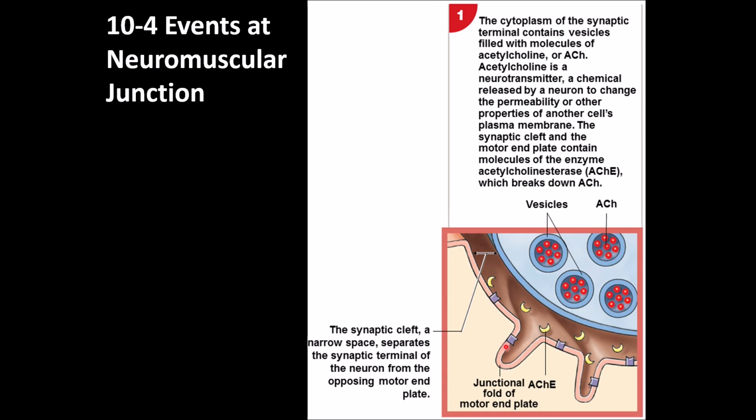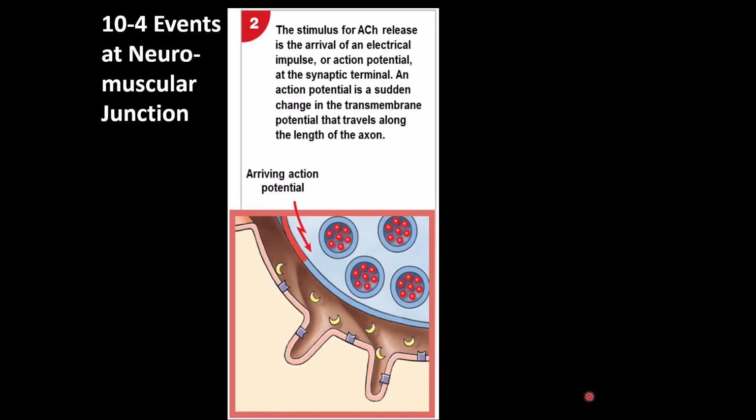You also have receptors that are responsive to acetylcholine. I will show you what happens to those receptors. And you have some enzymes here, called acetylcholinesterase, that break down acetylcholine. The motor end plate is the area where the nerve connects to the muscle fiber, and that is the area where the muscle fiber can be activated.